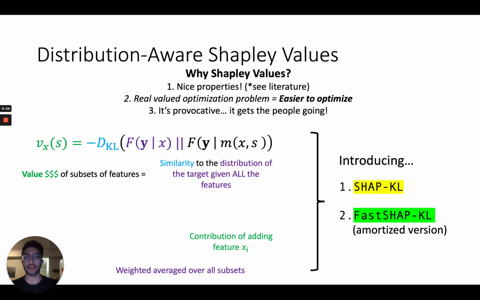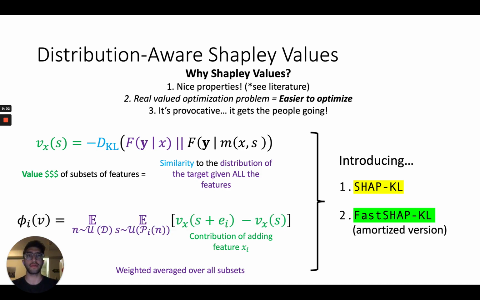The Shapley value for a given feature is then calculated by averaging over its contribution across all feature subsets. Using this setup, we introduce two distribution-aware Shapley value estimators, SHAP-KL and its amortized counterpart, FastSHAP-KL, which follow the optimization setup of SHAP and FastSHAP respectively.